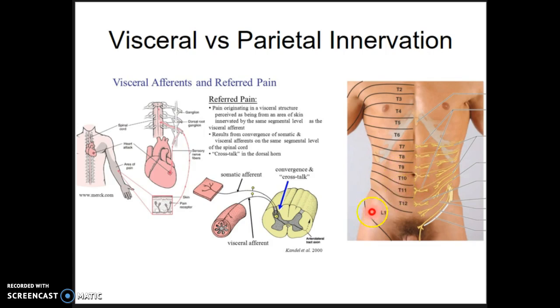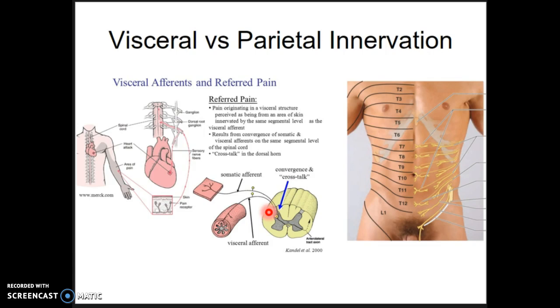And the reason is that the visceral nerve that serves the appendix is ascending to this level before it joins up with the dermatome for T10, and that goes to your spinal nerve, and that goes to your spinal cord. And in the spinal cord, there can be crosstalk. We'll have two synaptic knobs right next to each other, and the neurotransmitter from one can diffuse over to the receptor for another one. That's what a referred pain pattern is.